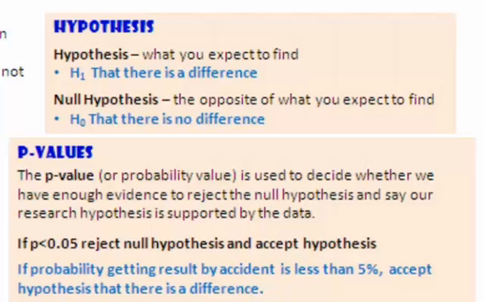Because of proof being very difficult, we also need to write a null hypothesis, which is the opposite of a hypothesis. And that's the thing that we use to decide and to test.